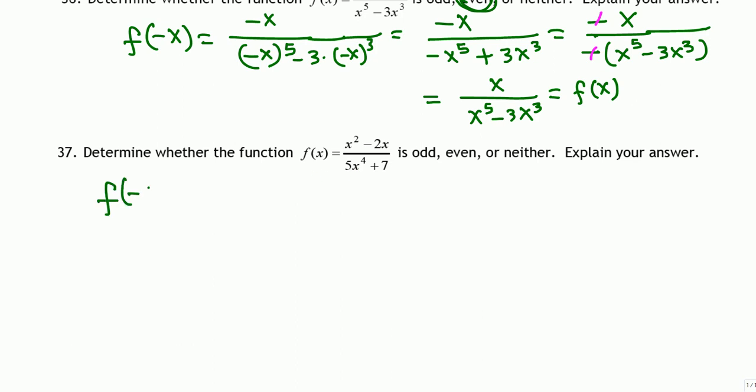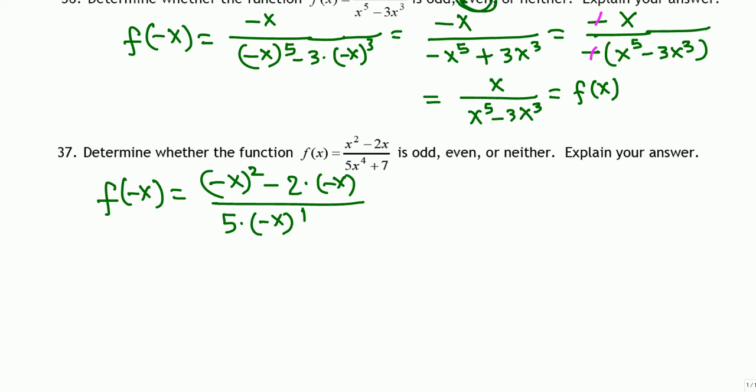Replace x by negative x, we get negative x squared. Whenever we have a square, cube, or fourth power, that's a quantity. We have to make it negative x, quantity squared, minus 2 times negative x, over 5 times negative x to the fourth plus 7.